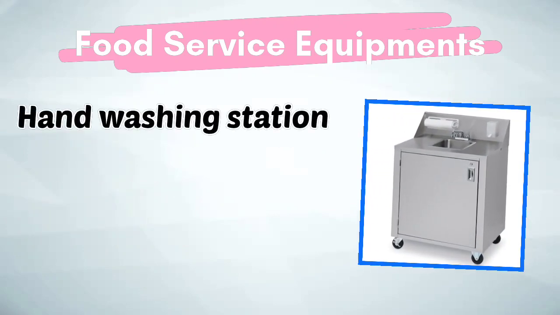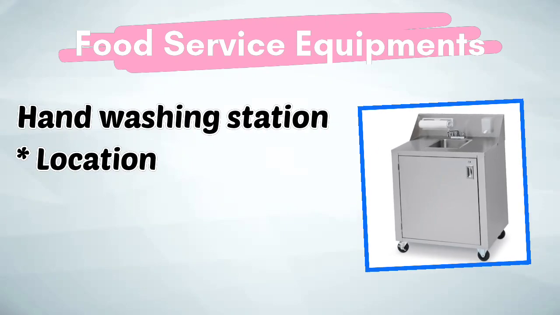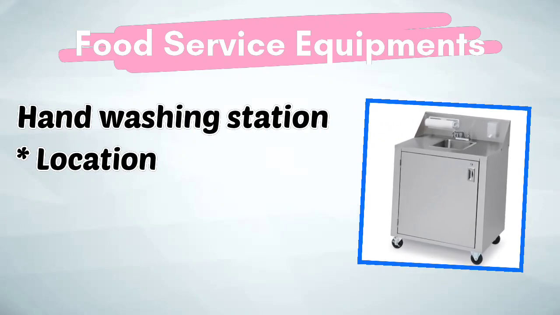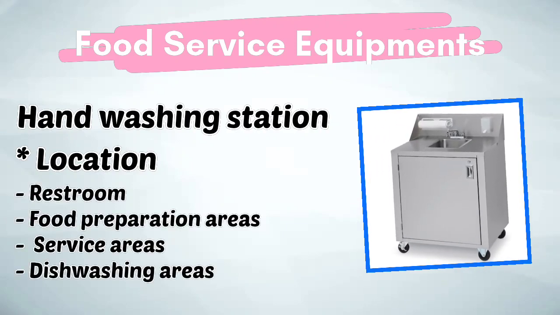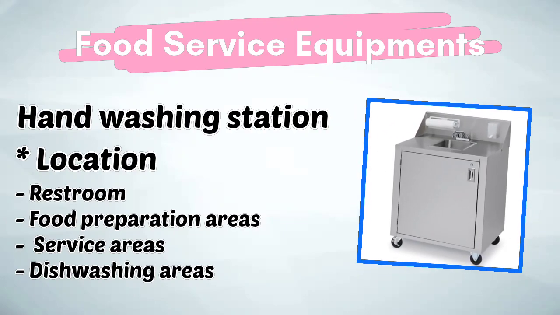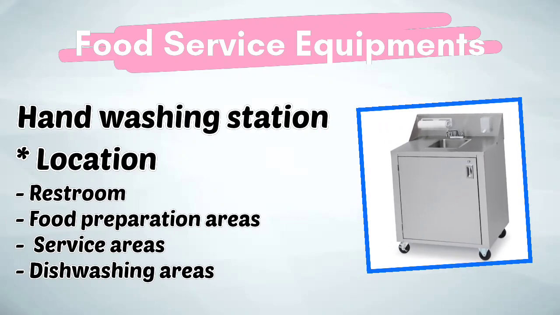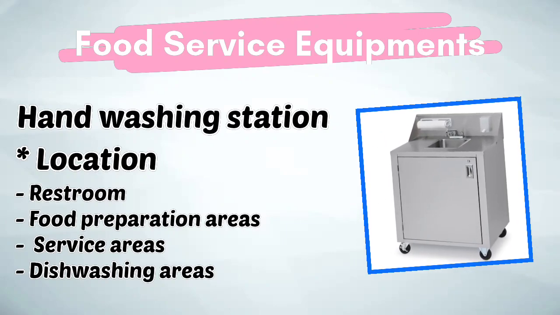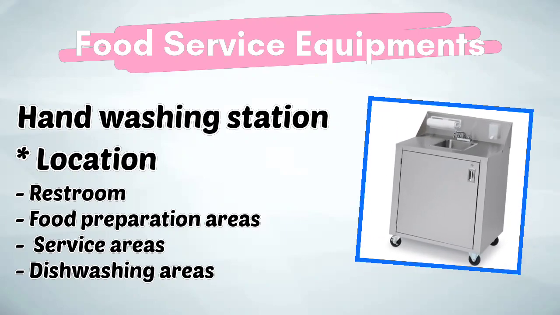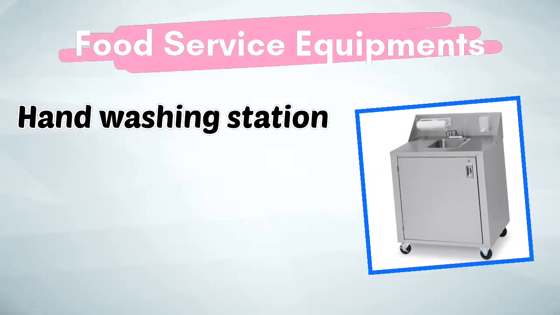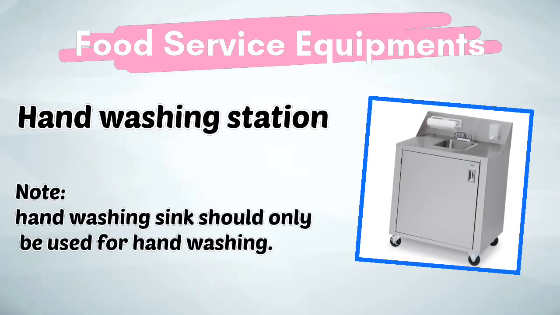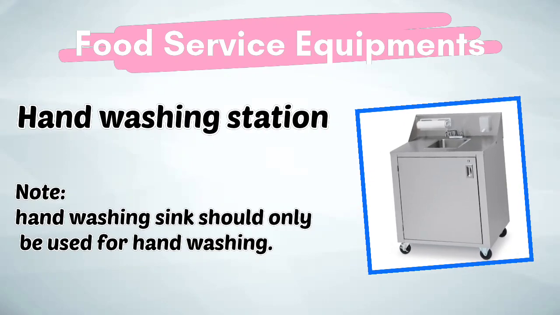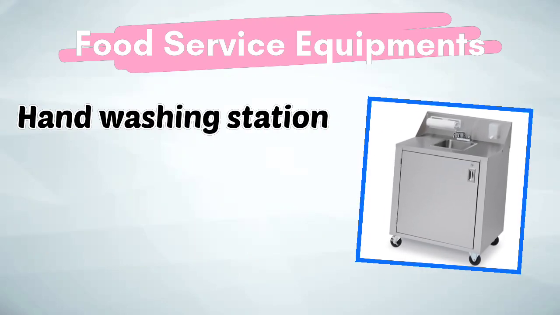Now let's talk about the location of the hand washing stations. They are required in restrooms or directly next to them, in food preparation areas, in service areas, and in dishwashing areas. Remember, a hand washing sink should only be used for hand washing.